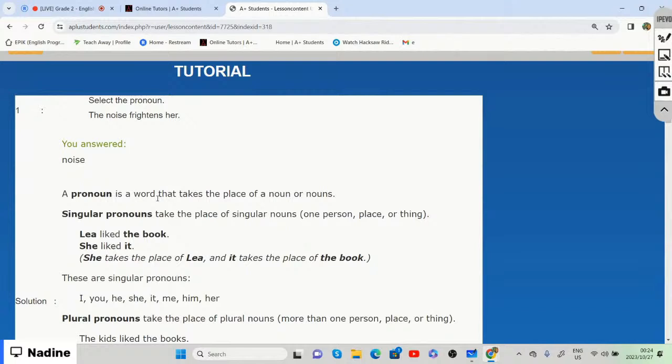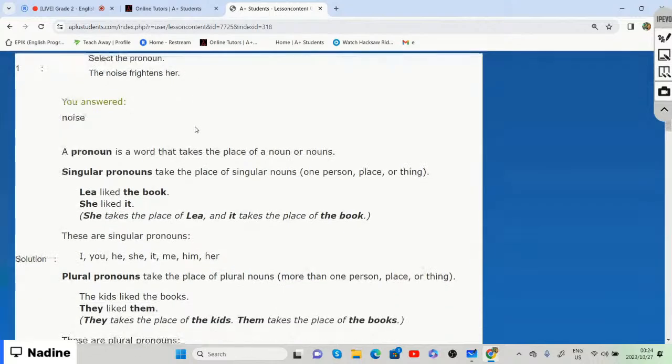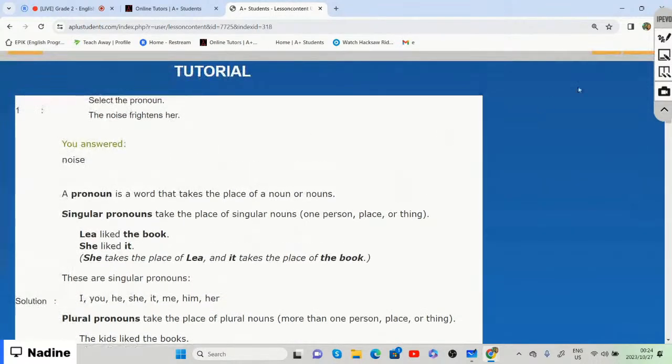And when it comes to singular pronouns, we say that it takes the place of a singular noun, which is a person, place, or thing. So, the noise frightens her.